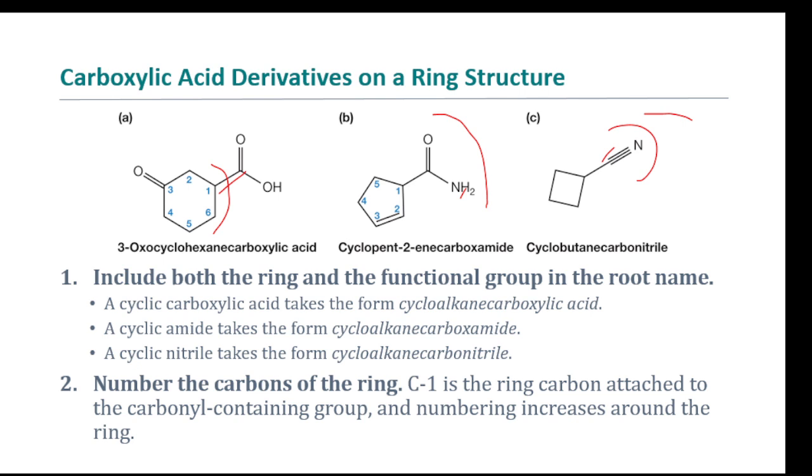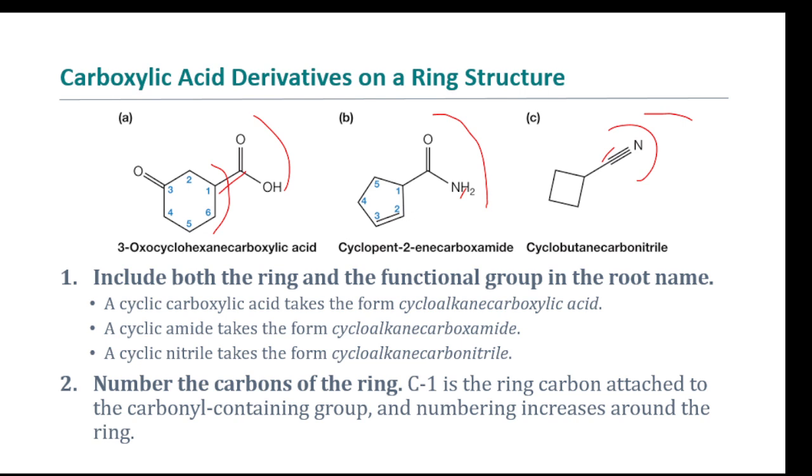So you always take the ring and include the ring as part of that root name. This will then end up being the suffix right there. In these cases, though, because you can't actually include that group into the ring, because it takes too many bonds, it's going to be one carbon off the ring.